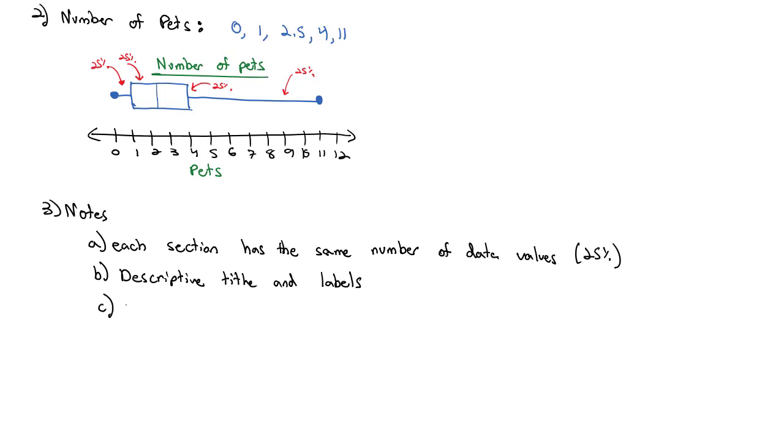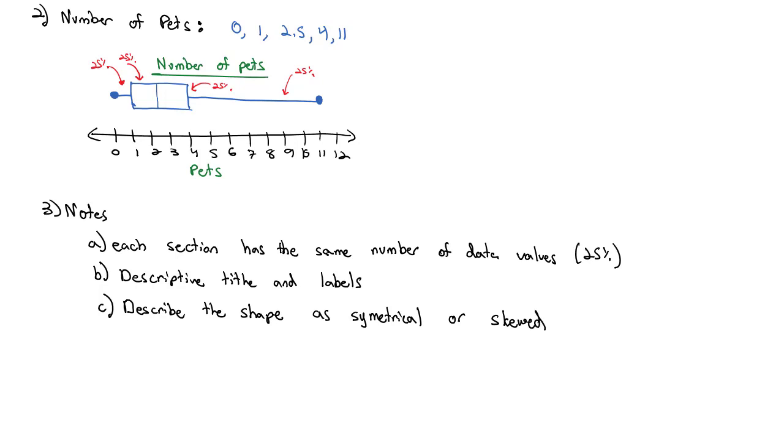We can also describe the shape of that graph as symmetrical, if it looks like it's the same on each side, or skewed.